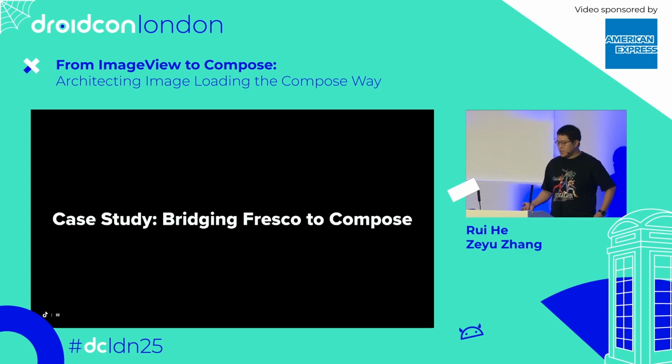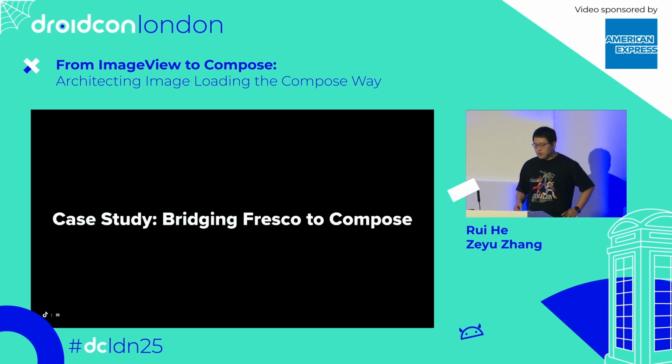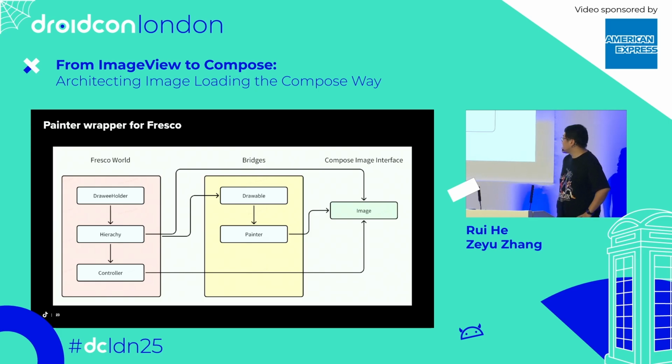In which case, we still want to adopt Compose, but we can't rewrite everything at once. So here's a practice for how to bridge our existing image loading logic to Compose. Here we are using Fresco as an example because it is very famous and I assume everybody already knows many things about it. So let's get started.